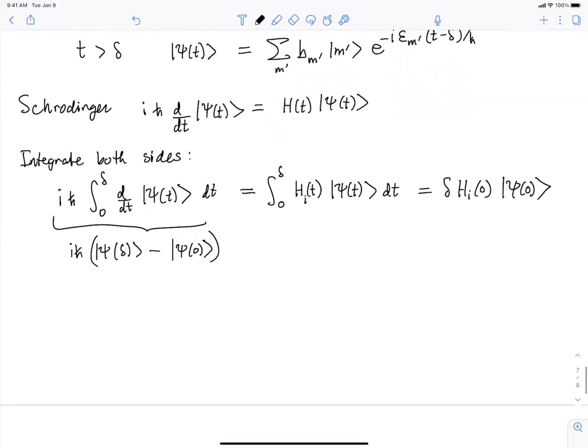Okay, so now if we take that, we can solve for psi of delta. Namely, it's 1 minus i delta over h bar, h i, acting on psi of 0. Now, since h i is only evaluated at 0 here, I'm not going to bother with the time dependence anymore.